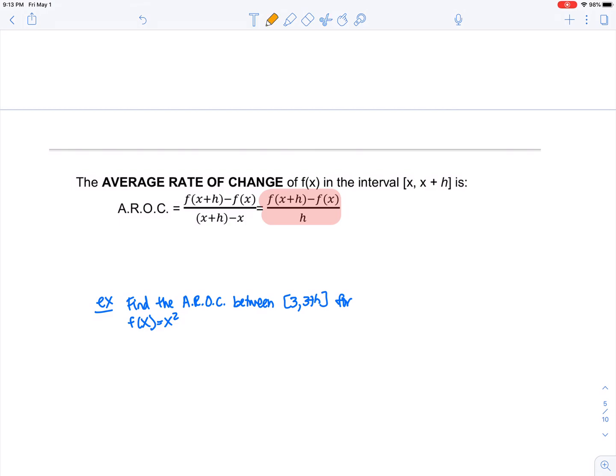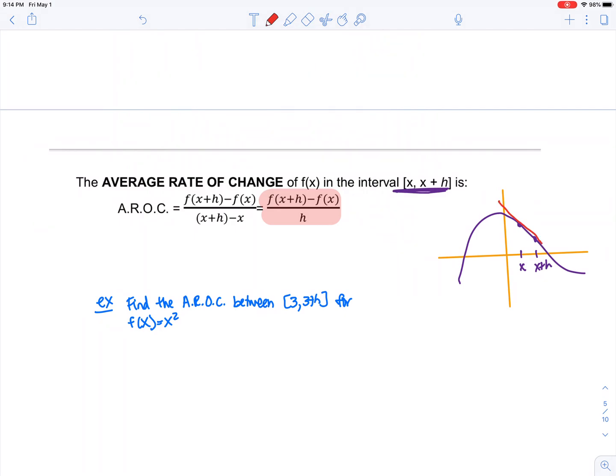So I'm going to draw a general picture because I think a picture helps a lot of people in seeing what things are. Let's say you have this general curve, and you have x and you have x plus h. That's exactly what we're saying: what's the slope of the line on that interval? So we're going to go up to the graph at x, go up to the graph at x plus h, and then draw the line through those 2 points.